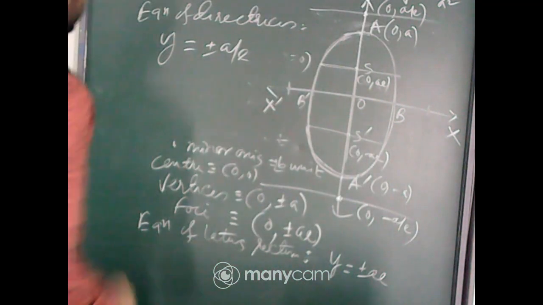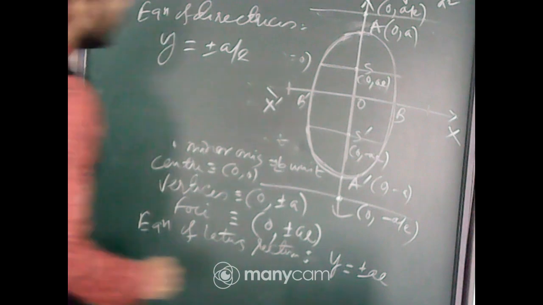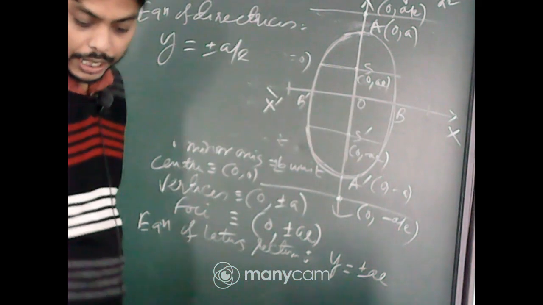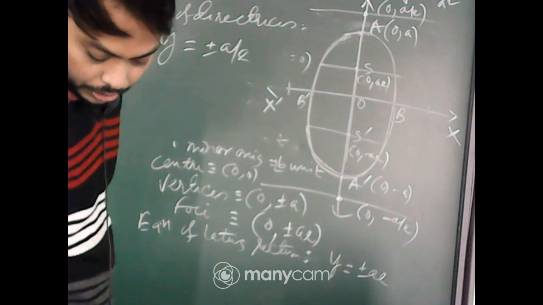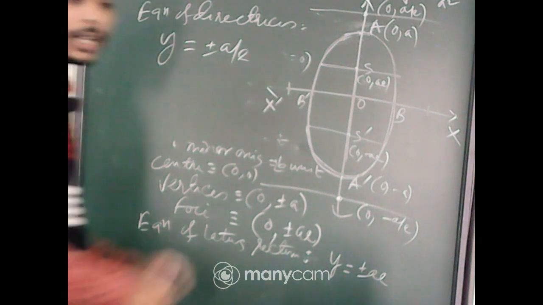So y equals to plus minus a by e, because it is a line parallel to x axis. And the last thing, distance between two directrices, it remains unchanged, again 2a by e.